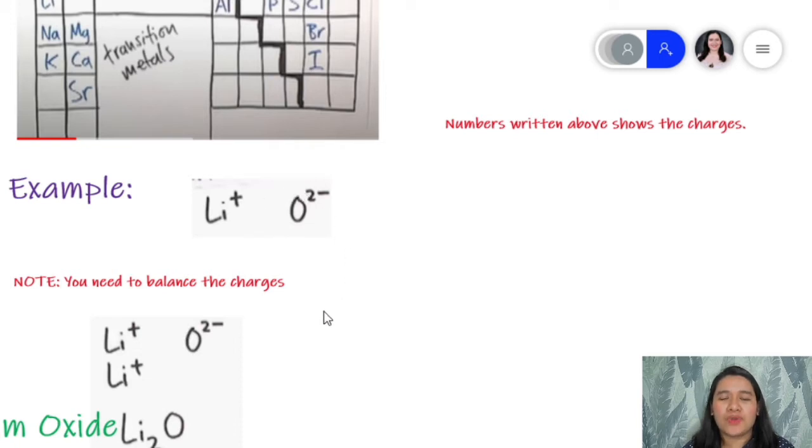In order for these elements to be balanced, we can add from lithium or from oxygen. But since lithium is lesser, we will add more lithium to balance with oxygen, since oxygen has two charges. So we add 1 lithium again. 1 plus 1 is equal to 2, and so it balances out with oxygen. So we have 2 lithium and 1 oxygen.